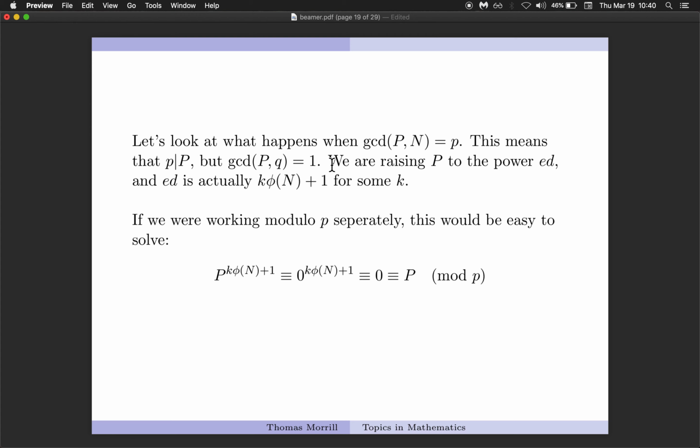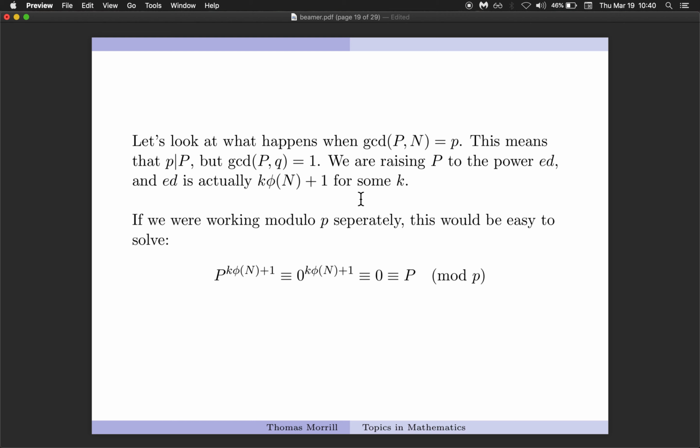Let's see what happens when we raise our message P to the power e times d. Again, we picked e times d so that e times d is 1 modulo phi of n. e times d is actually the integer k times phi of n plus 1 for some integer k.